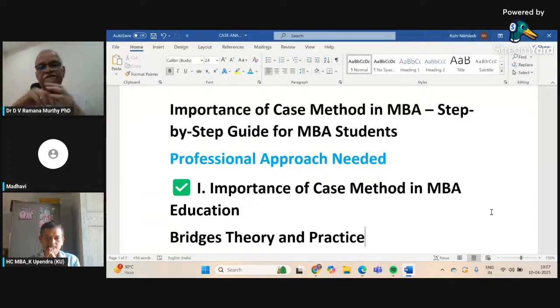There are two types of cases normally we discuss here. One is a diagnostic case study, and the second one is a therapeutic case study. In a diagnostic case study, you are asked to identify the problem. That's all.